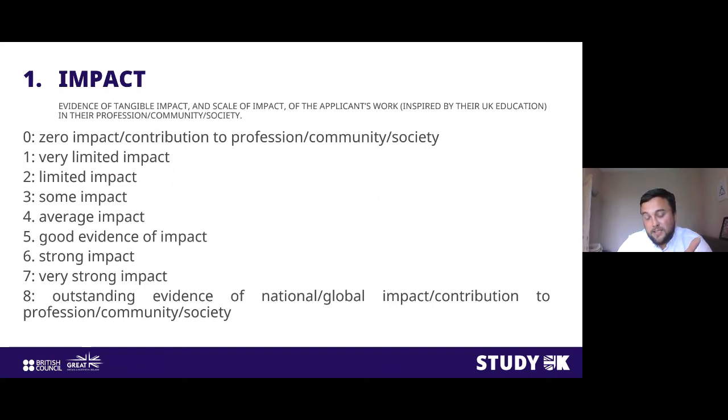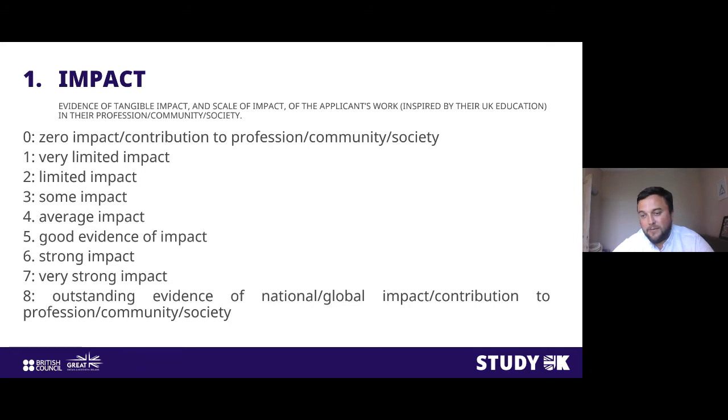Each one of these criteria is scored out of 8, and it goes from 0 being zero impact or contribution to the profession, community, society, right up to 8. Now, you'll see there's quite a lot of points where you can really enhance your application, and potentially also where your application will fall down. In this criteria, we're really looking for you to evidence the impact.